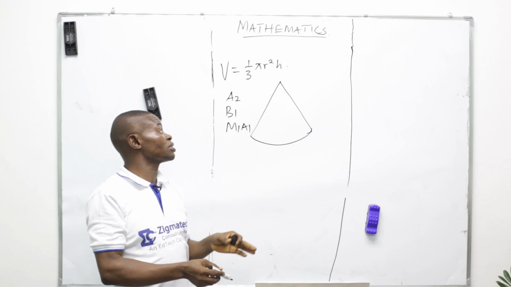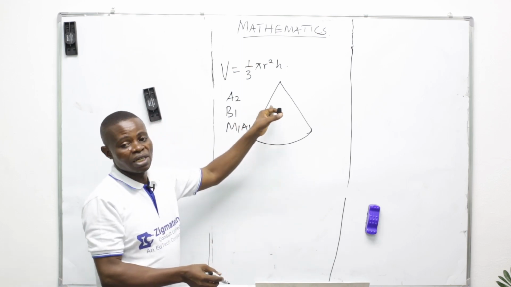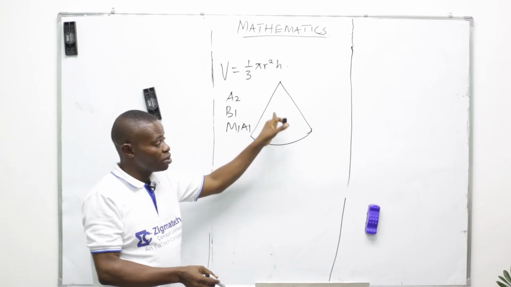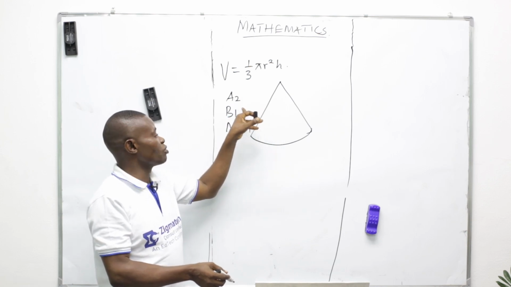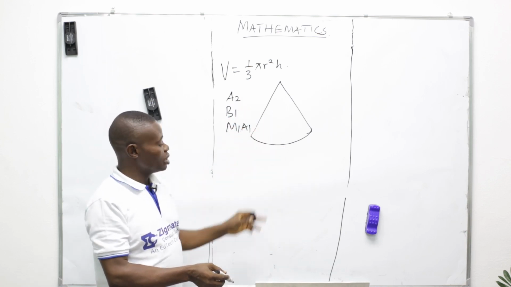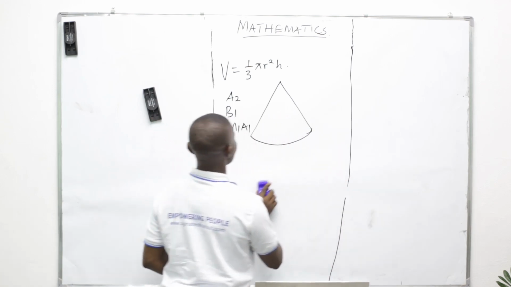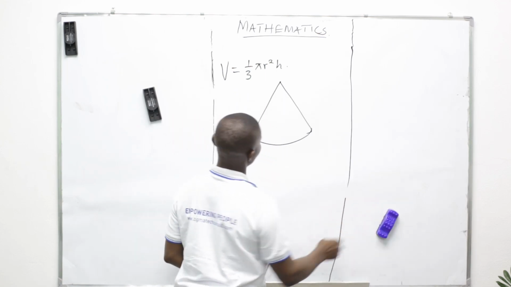Bonus mark is those things that you were not mandated to do. Like drawing of the shape, the cone, you have a free mark. It is called B whatever. It could be B1 or B2, depending on what they decided to do. So, learn how to present your work very well.